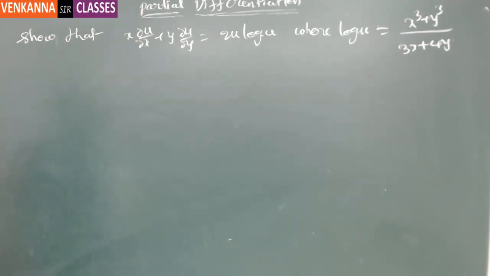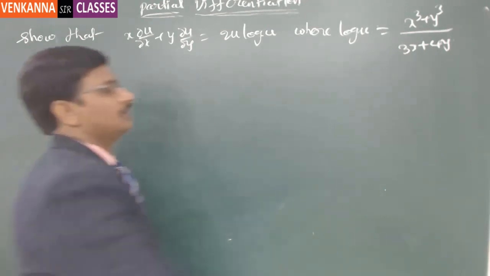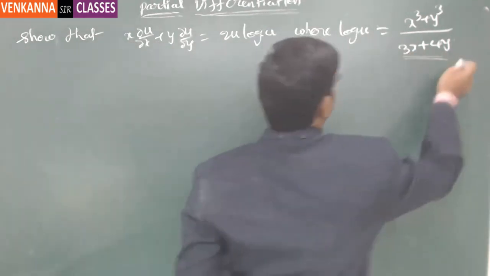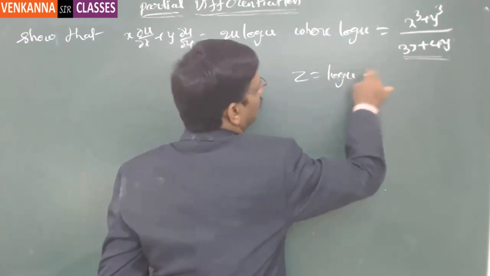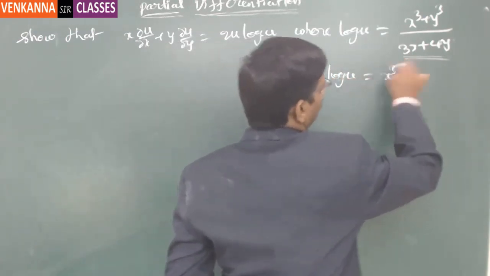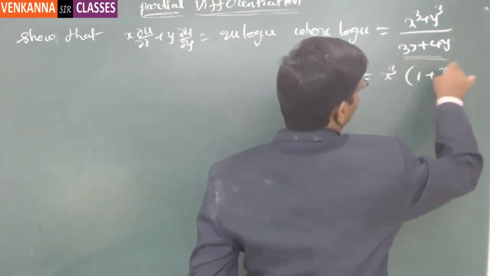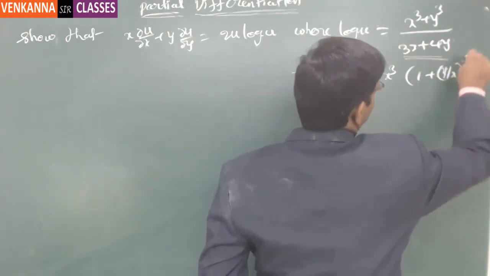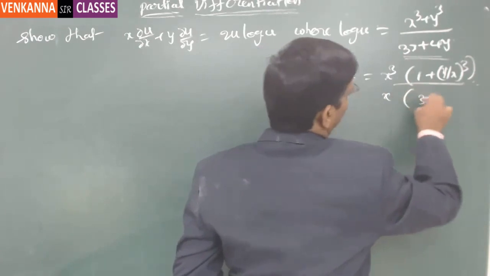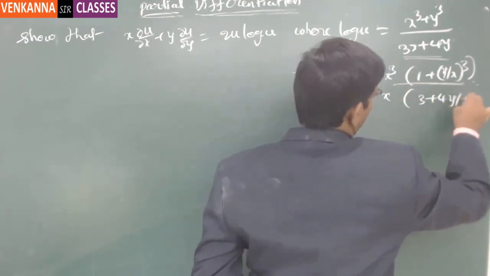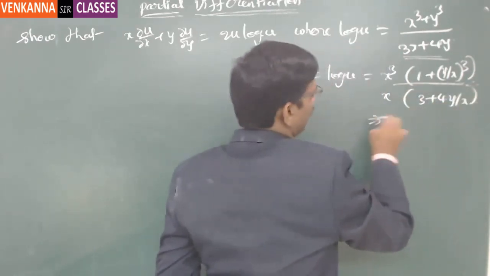Okay, so let me solve this. See here, actually this function is a homogeneous function. Now I call this z is equal to log u is equal to, so x³ if you take it out in the numerator, 1 plus (y/x) whole cube, and in the denominator x, if you take it out, 3 plus 4y/x. Now this is a homogeneous function of order 2.